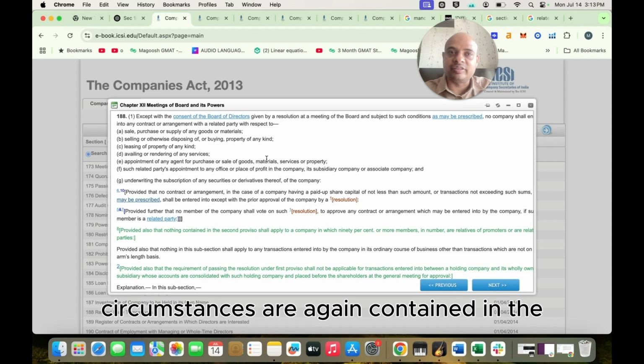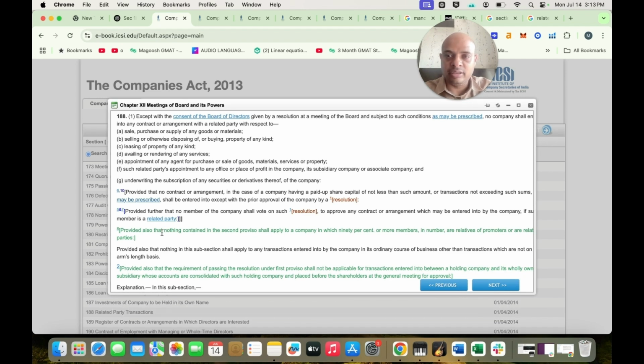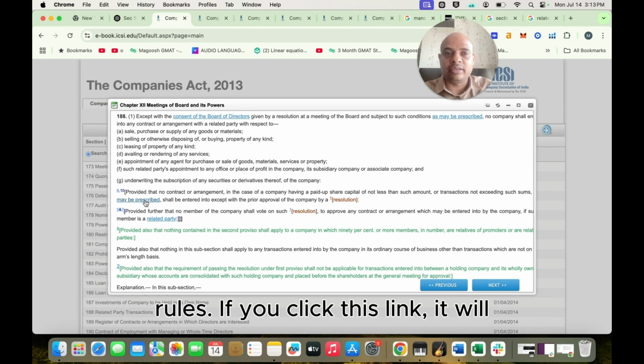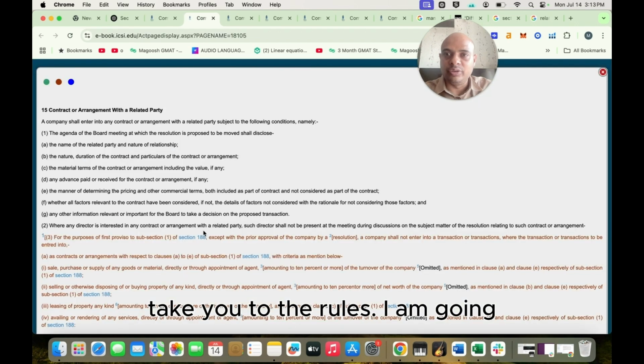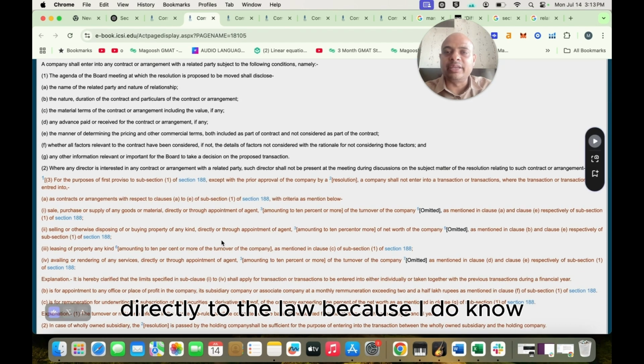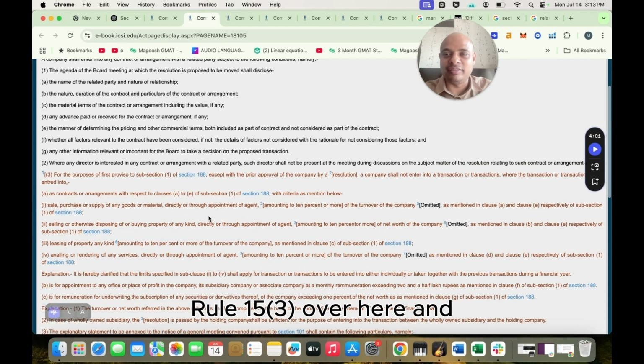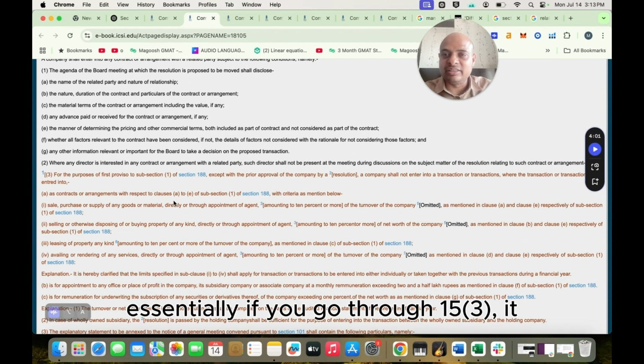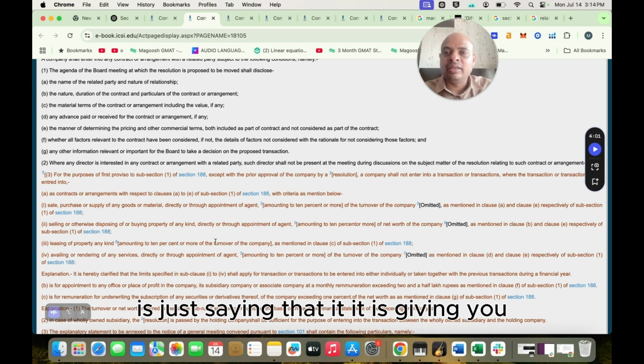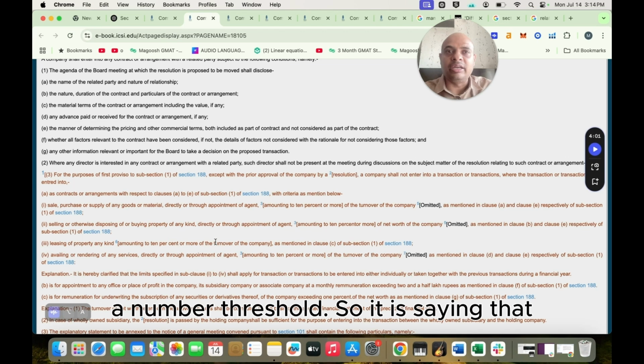Now the circumstances are again contained in the rules. If you click this link, it will take you to the rules. I'm going directly to the law because I do know rule 15.3 over here. Essentially, if you go through 15.3, it's giving you a number threshold.